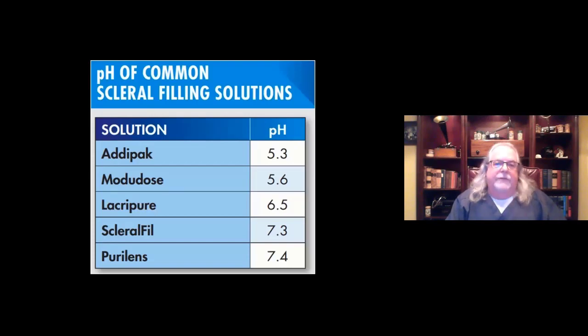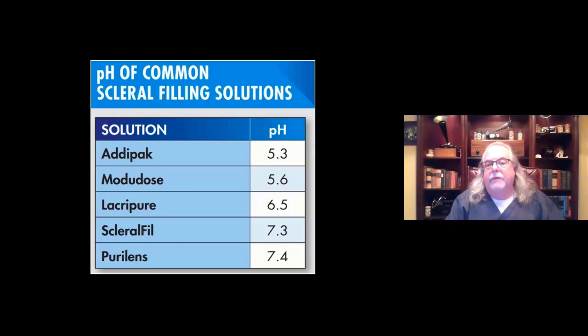But you'll notice that this Adipac, the hospital grade saline solution, has a pH of 5.3. Now, it was interesting because what we learned clinically is that our patients with dry eye frequently had problems with that pH solution, the Adipac solution.